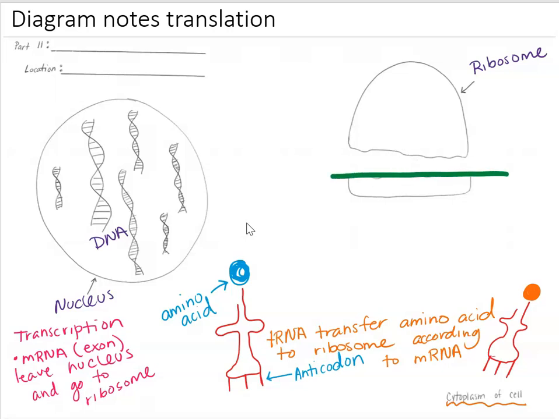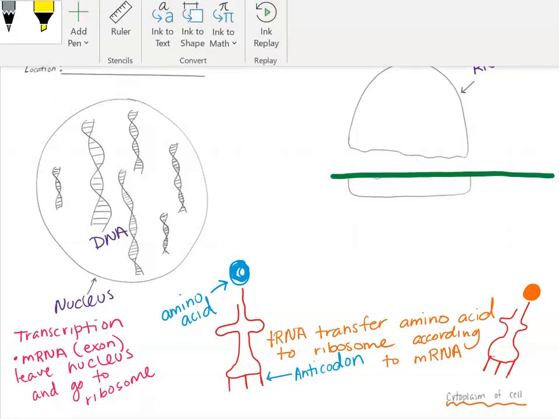So here at the ribosome, we have our messenger RNA that we're going to put into the ribosome. And the messenger RNA holds the message of which protein to build based on our DNA.